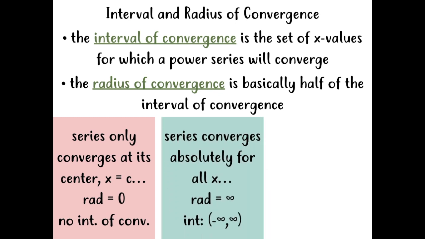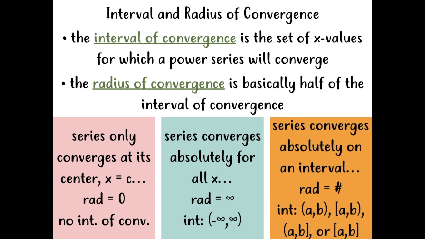The second case would be that the series converges absolutely for all x. This means our radius is infinity, and our interval is from negative infinity to positive infinity. And our third case is that the power series converges absolutely on a certain interval. This means our radius is a finite number and our interval is from a to b, depending on whether we include those endpoints. Now that we know these things, let's look at an example.